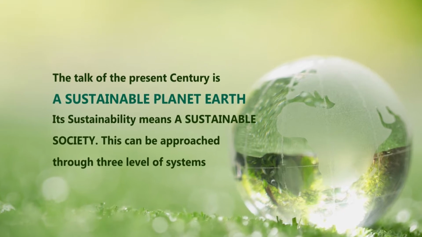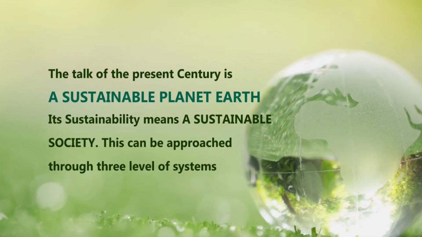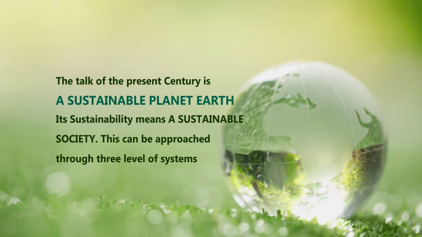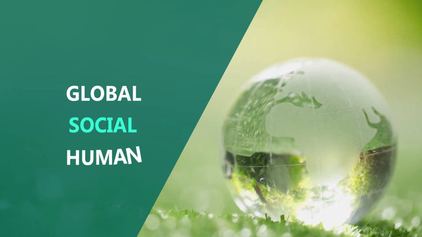When we talk about sustainability of our planet, the Earth, it means bringing a sustainable society. Bringing a sustainable society can be approached by understanding three important levels of the system: global, social, and human system.